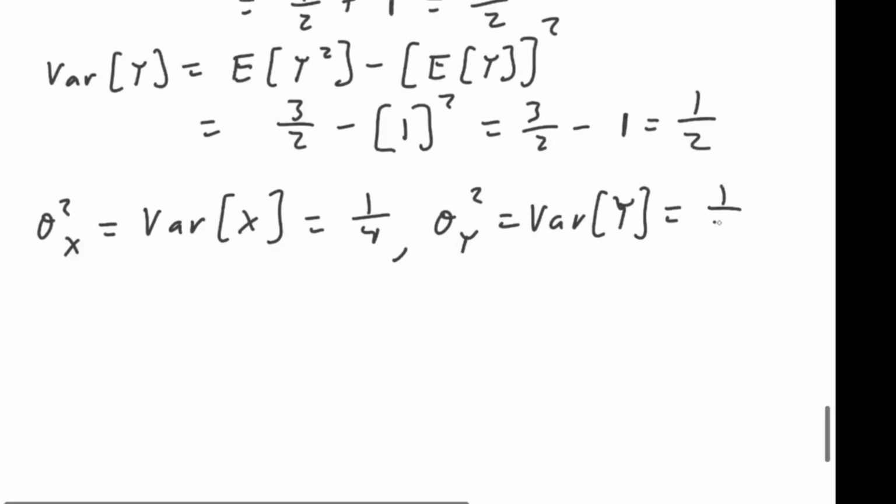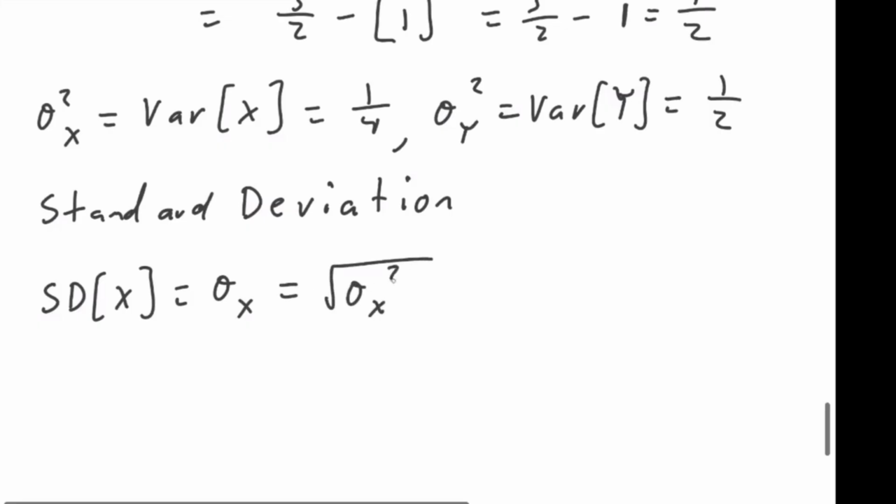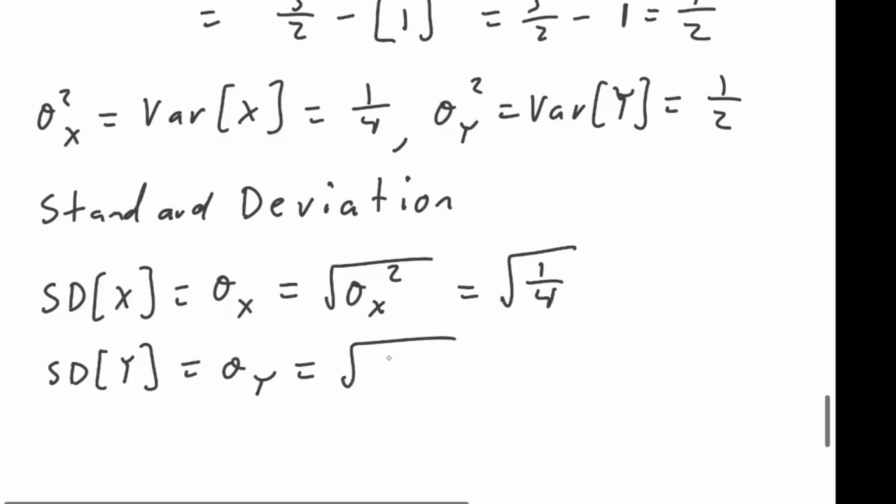Now let's calculate the standard deviation. The standard deviation is simple. SD of x is simply the square root of the variance. The square root of the variance of x is the square root of 1/4. And then the standard deviation of y is just the square root of the variance, which is the square root of 1/2.